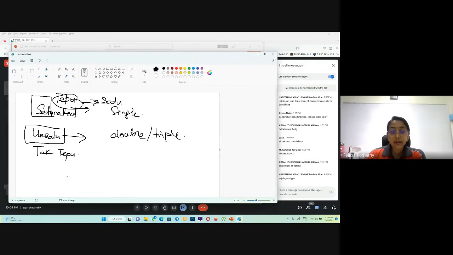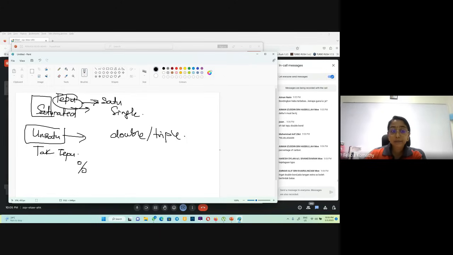Okay, kejelagaan. Kejelagaan for alkane, percentage of carbon is higher compared to alkene. When the percentage of carbon is higher, will have more soot. How to calculate percentage of carbon?